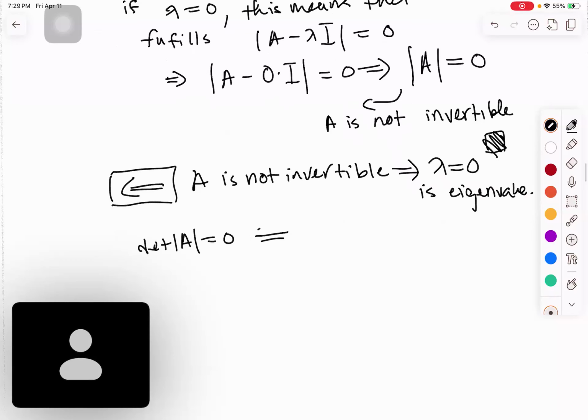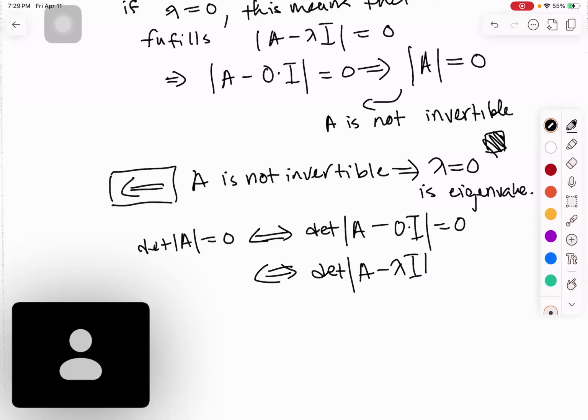From that, we can add a 0 vector to A in the determinant, and it won't affect the determinant at all because you're adding a 0 vector, right? So A minus 0I is equal to 0. This implies that the determinant of A minus lambda I equals 0 when lambda equals 0.